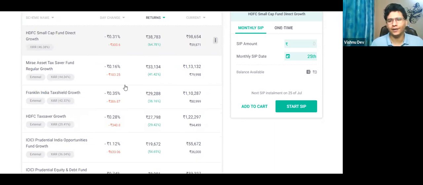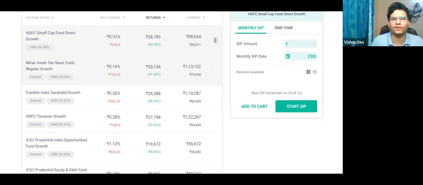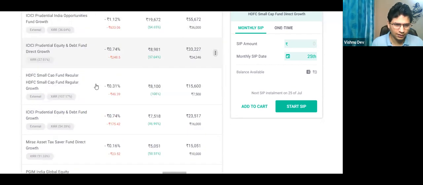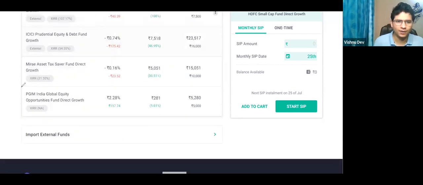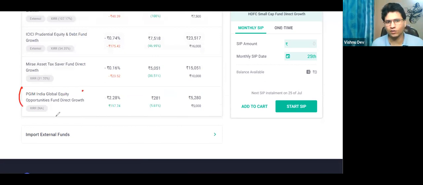Depending on which kind of mutual fund you're opting for, you should not just opt for any mutual fund randomly. You have to see which mutual fund is giving what kind of returns. For example, this mutual fund invests in companies outside India, like US, Germany.